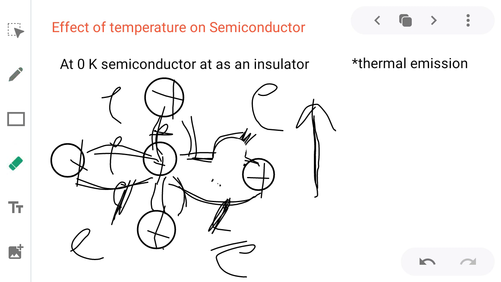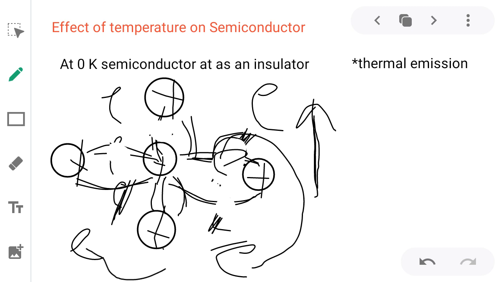There is some empty space created here. Now the thing is, if these electrons are randomly moving, there is a possibility that a free electron may take this empty space. This electron may take this empty space.